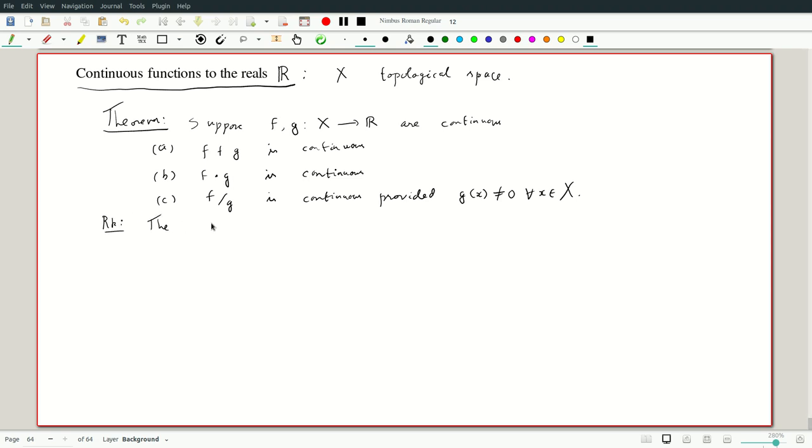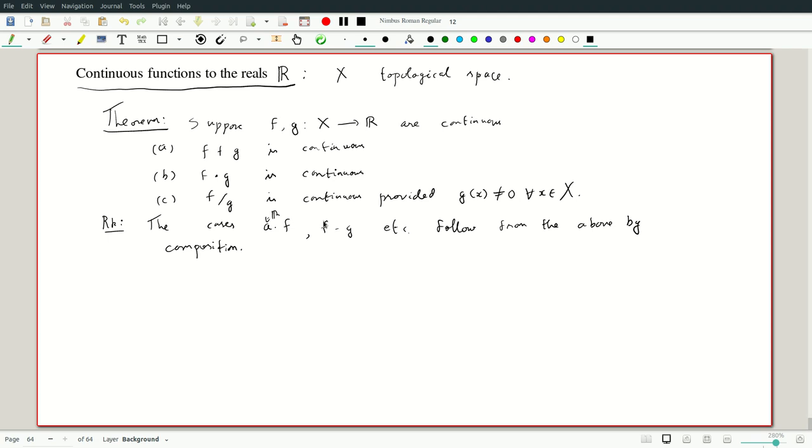The cases a times f, where a is a constant, so this is in real numbers, and f minus g, etc. These follow from the above. In the case of a times f, you don't even need the sum, by composition.